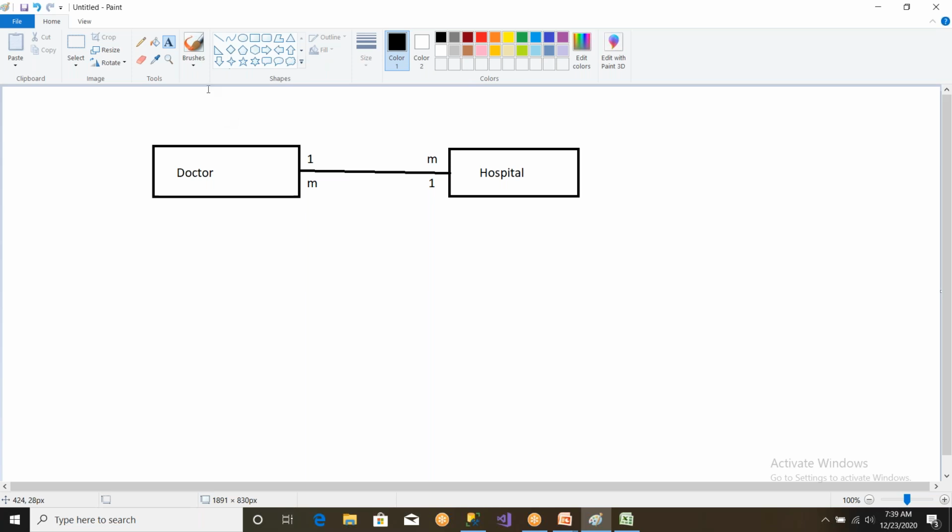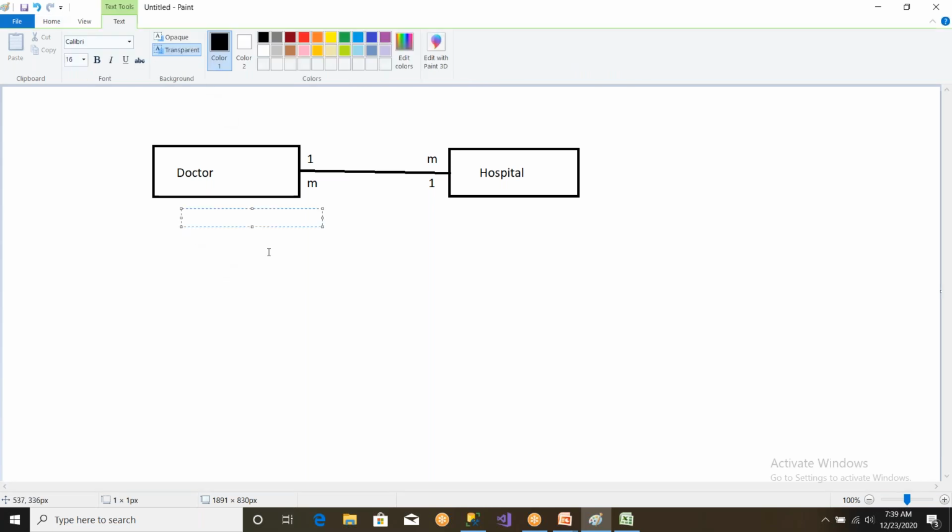Employee means full-time mode. So you have a doctor number or doctor ID. Each doctor will have a number or an ID. Now, what is the doctor name, right? Doctor phone number. A lot of things you're going to be writing. So here, hospital number, name of the hospital, and a lot of other information, like the location of the hospital.